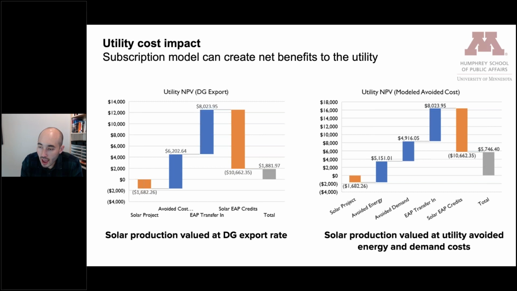But when you take the average year, the total value of avoiding energy and demand is quite a bit larger than just the utility's avoided cost. And so when you take into account our simulations of what their realized avoided costs would be, not their formal avoided costs, there's even more value to the non-subscribers than was apparent, I think, in the more simplistic analysis shown on the left.